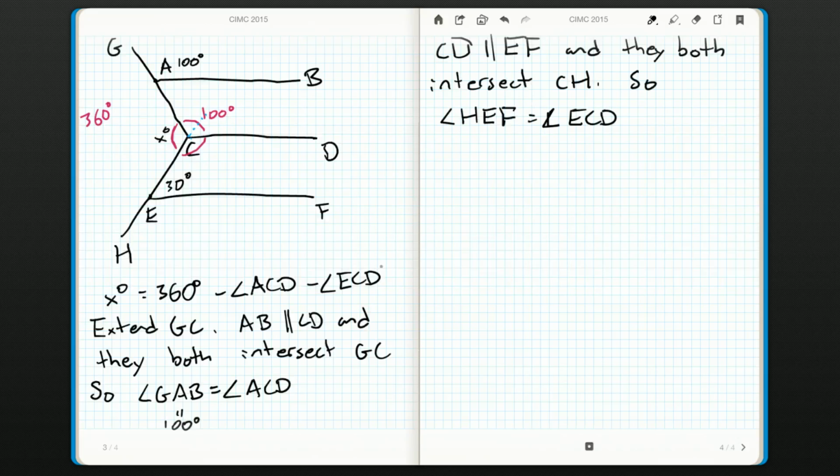Well, ECD is one of those angles that I wanted. So what is HEF? Well, I don't know. They didn't give me HEF. But they did give me CEF. So CEF and HEF, when we put them together, they just make the whole line CH, and a line has 180 degrees. So I believe these are called complementary.